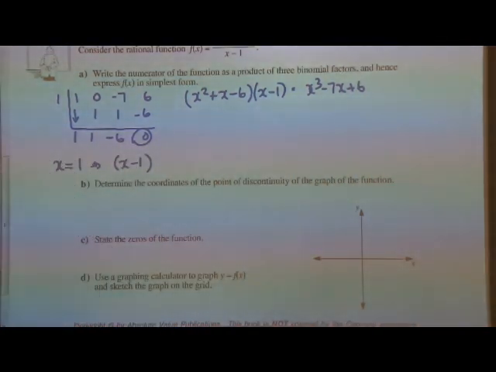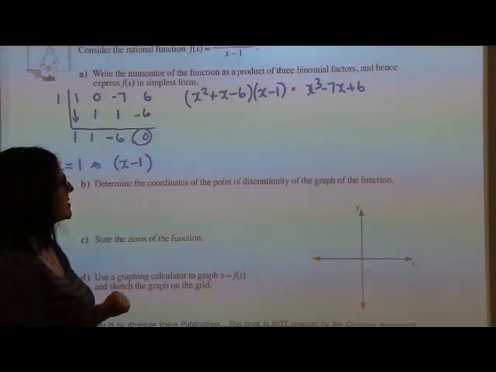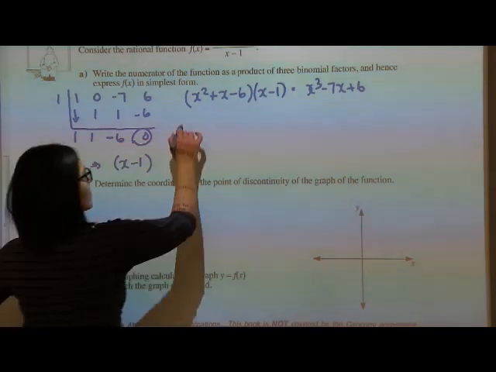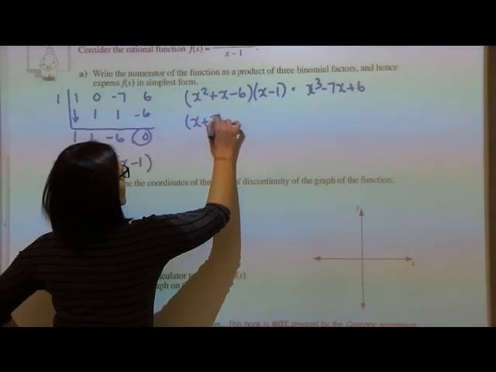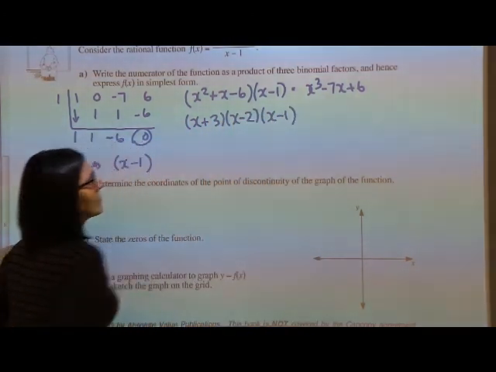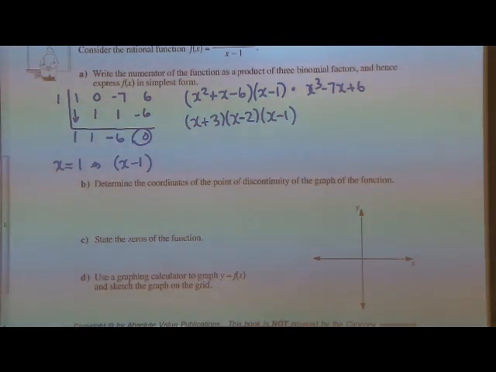So I've gotten one factor. Now I can factor that quadratic. If I go to factor x squared plus x minus 6, what do I get? x plus 3 and x minus 2. So there's my factored equation.